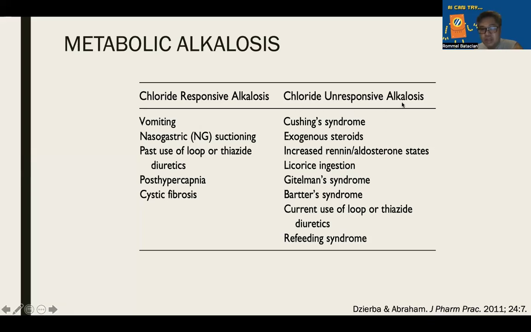Well, the chloride unresponsive alkalosis would be Cushing syndrome, Gitelman-Bartter syndrome, which we'll be discussing later, current use of loop or thiazide diuretics, refeeding syndrome, especially if the patient has been on nothing per orem or not given actual food for a long time, and you would now reintroduce oral feeding or enteral feeding to an individual, and exogenous steroids as well.